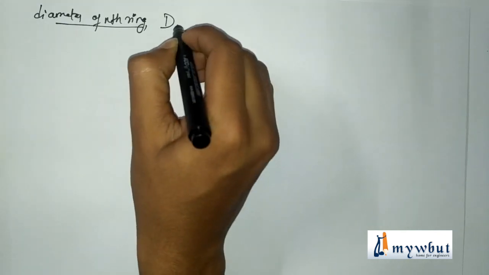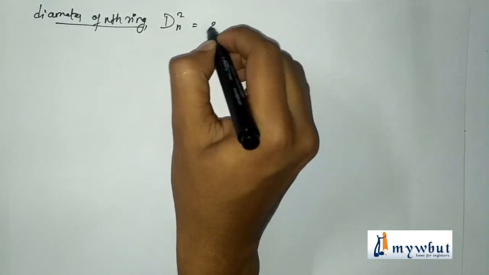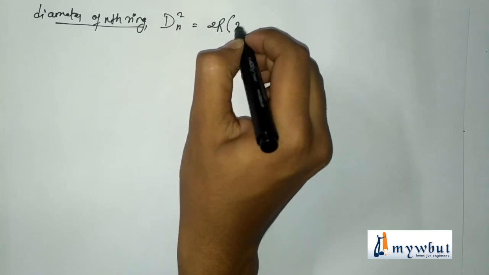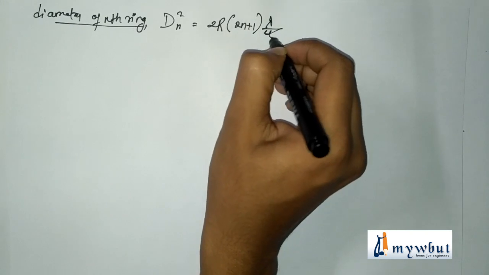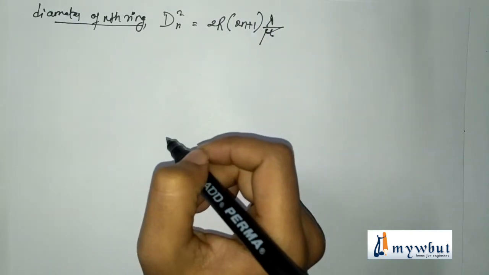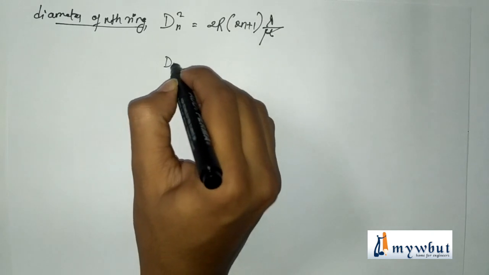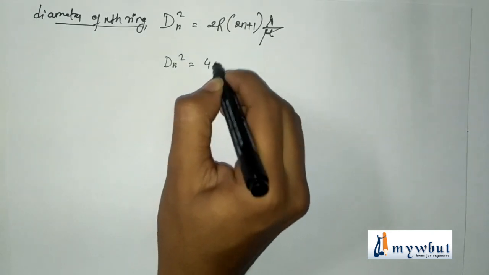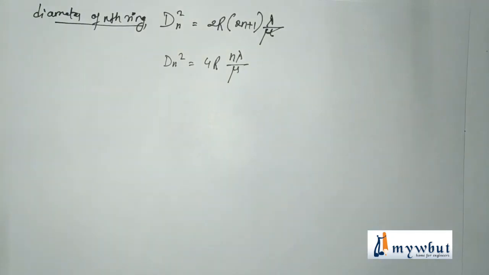So what will be the formula? It will be dn whole square equal to 2 into capital R into 2n plus 1 into lambda by mu. This is for bright fringe, and dn square equal to 4 into capital R n lambda by mu. This is for dark fringe.